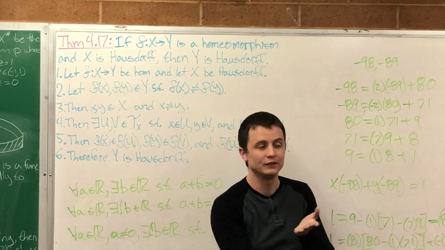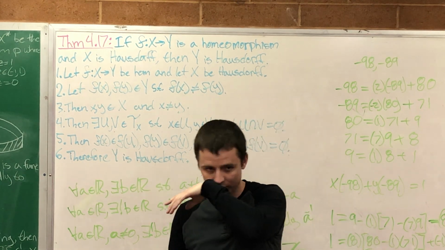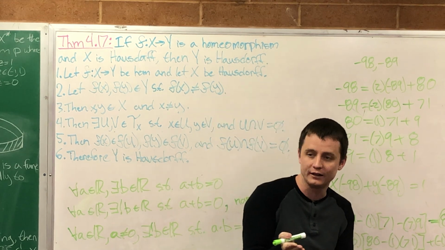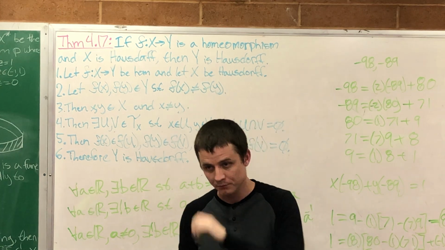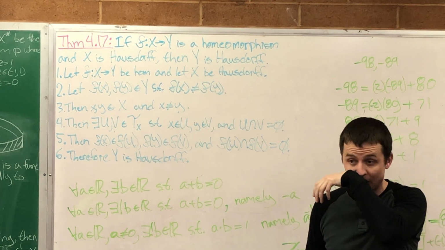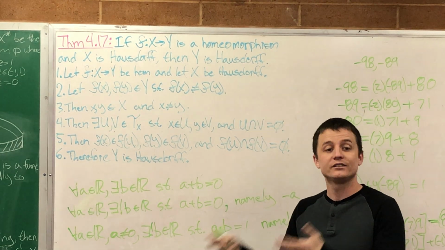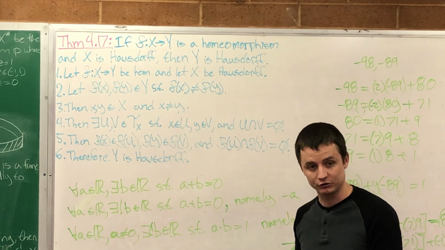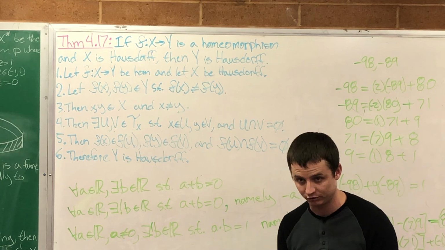We can't check every function from X to Y. Well, in some cases we can, for really, really simple ones like what we started with. But as a general rule, we can't check every function from X to Y to rule out that these two things are not homeomorphic. Now, what we're going to prove as topological properties come up, like Hausdorff is a topological property, what we mean by a topological property is that homeomorphisms maintain these structures.